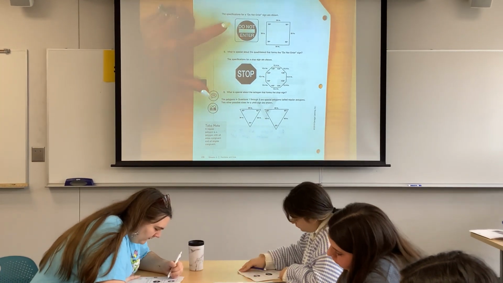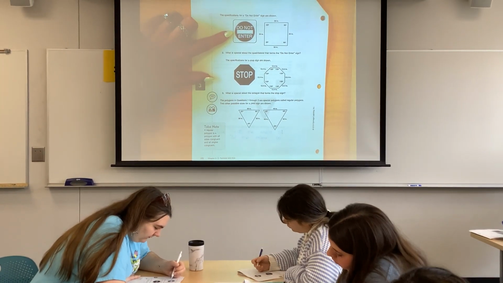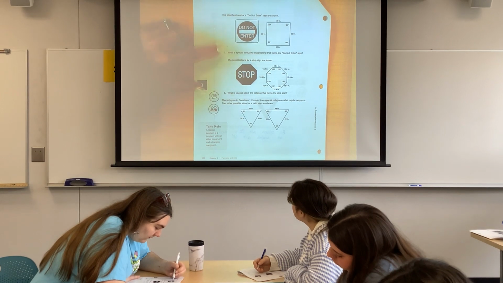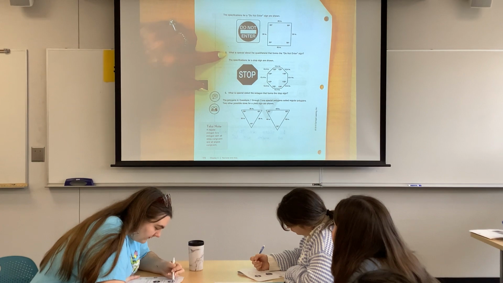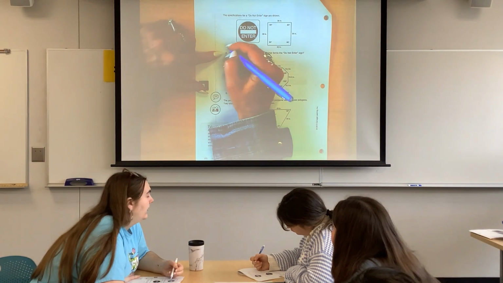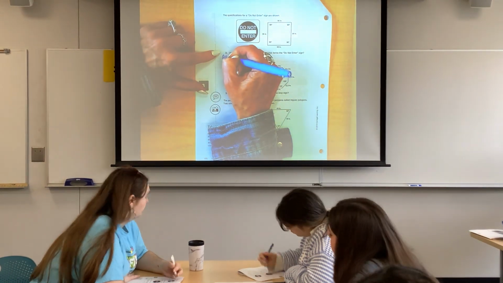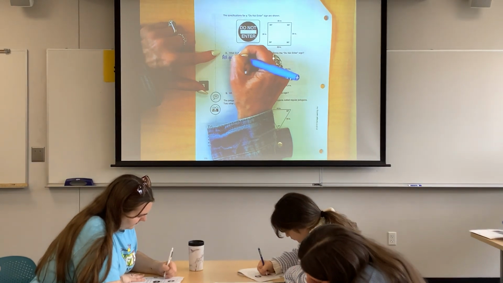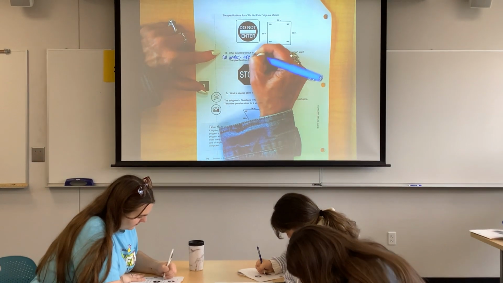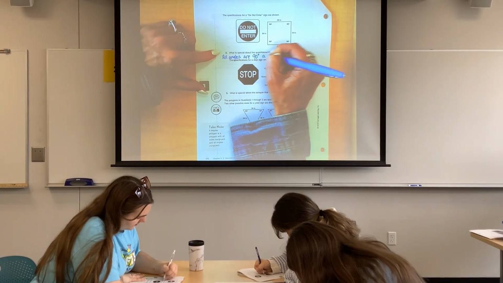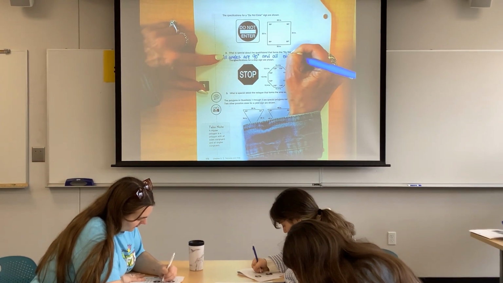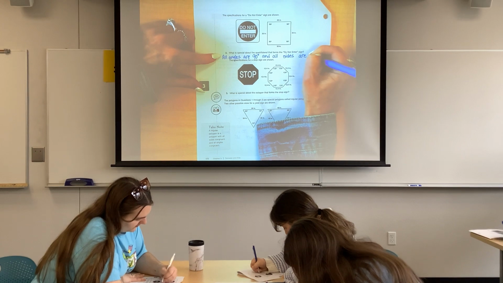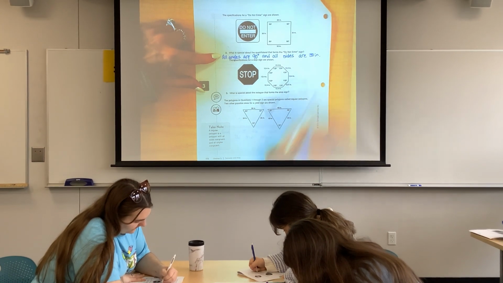So let's look at the specifications for a do not enter sign. What do you notice about the quadrilateral for a do not enter sign? Okay, so all angles are 90. And all sides are 30 inches, same size as the other one.